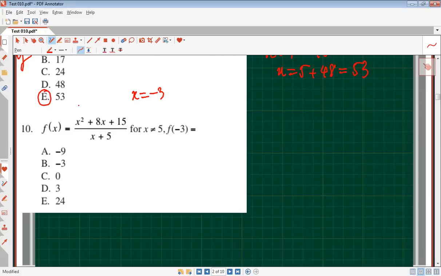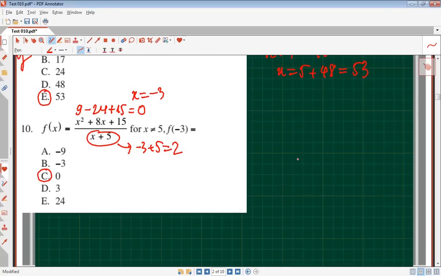We have 9 subtract 24 plus 15 equal to 0. In the bottom we have this number 2, and the final result is option C.